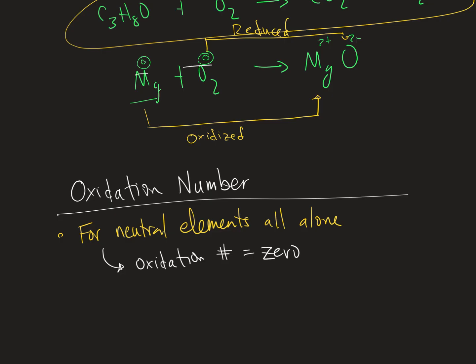So oxidation state or oxidation number doesn't mean the charge. When we're dealing with ionic compounds, it's the same thing as the charge, okay?